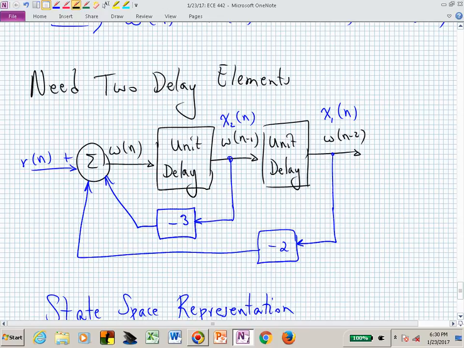X sub 1 of n plus 1 is actually this same signal right there, and I think I heard that, it's x sub 2. Where is x sub 2 of n plus 1? It's the input of the delay block that we labeled as x sub 2 of n. So x sub 2 of n plus 1 is right there.